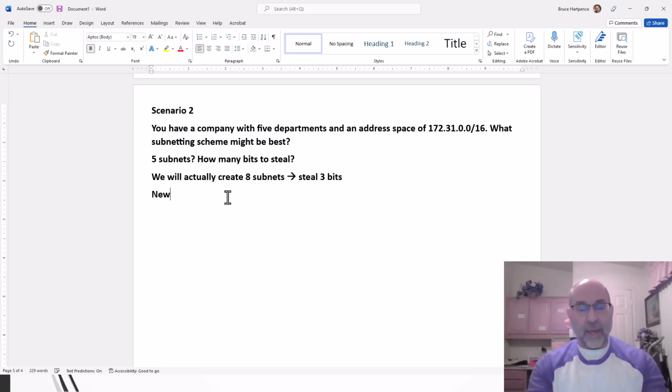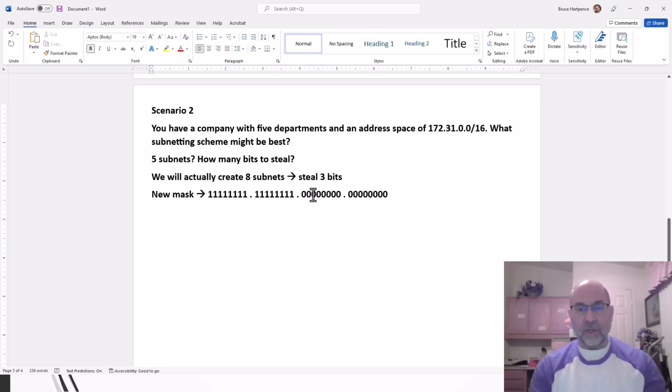So the new mask will be, let's see, the classful mask is 8 bits, 8 bits, 8 bits, 8 bits. The classful mask is this here.